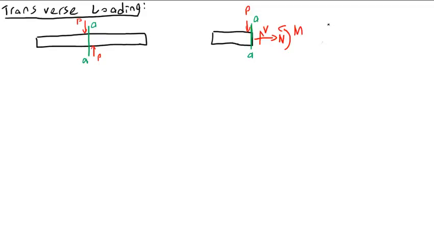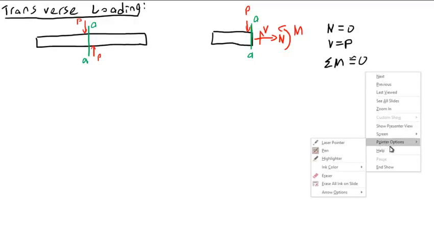And sum of forces in the horizontal direction tells us that N is equal to 0. That sum of forces in the vertical direction tells us that V is equal to P. And a balance of moments will tell us that M is approximately equal to 0. And this is assuming a small distance between the P's.